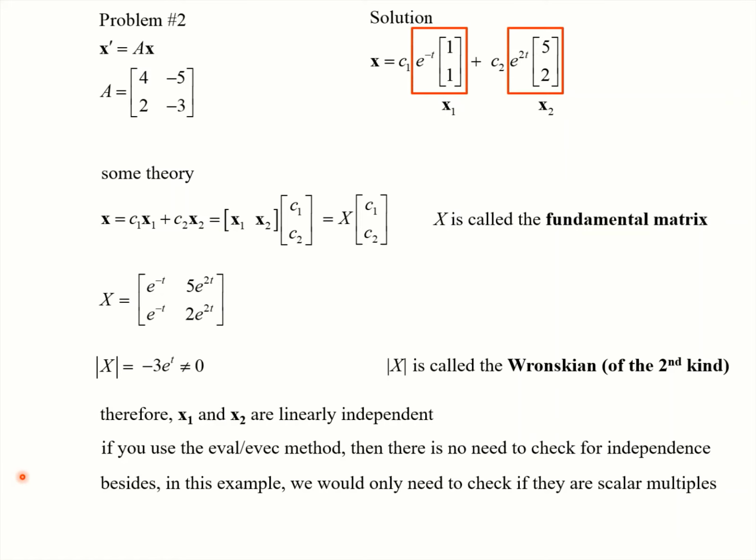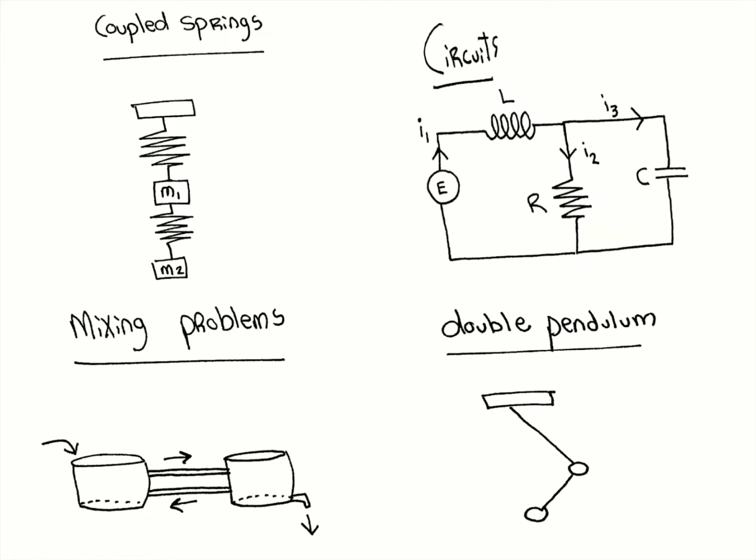Before we get back to problems, you might be wondering, wow, we're doing these systems of differential equations. This is just a brief introduction to systems of differential equations, but where are they used? Coupled springs, where you have position functions of mass 1 and mass 2. Then what you have is 2 functions you're looking for. You have a system of differential equations.